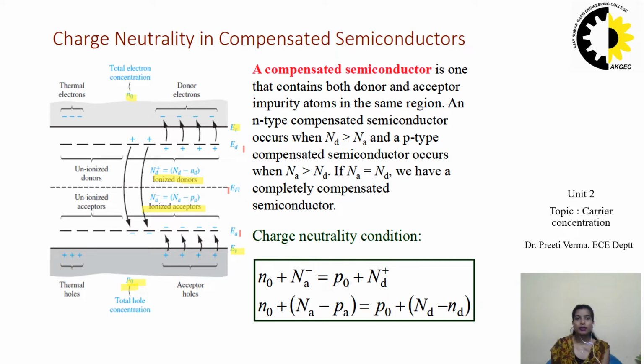These are the thermal electrons, and these are the donor electrons that are coming from the donor energy level to the conduction band, and these are the acceptor ones, coming from the valence band to the acceptor level. So this is the concept of charge neutrality for any compensated semiconductor.